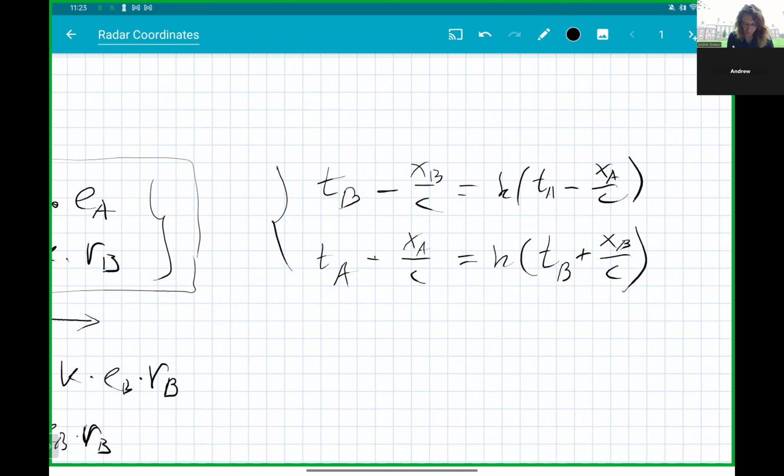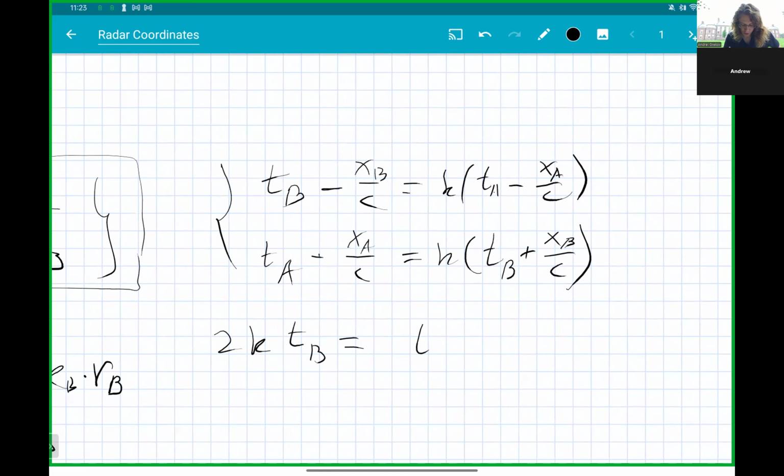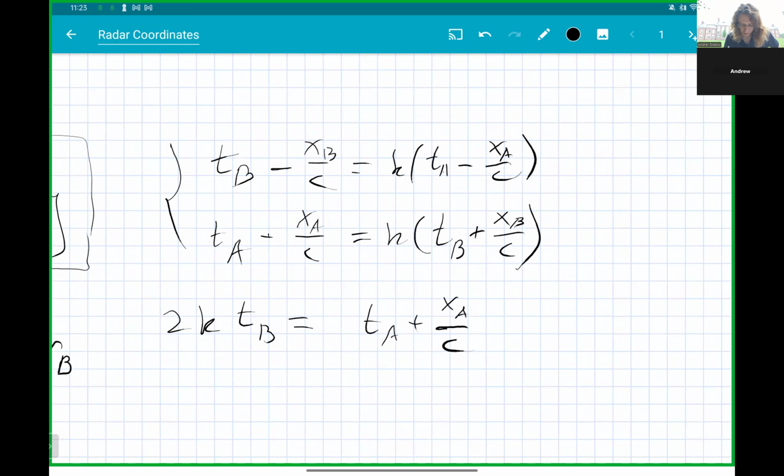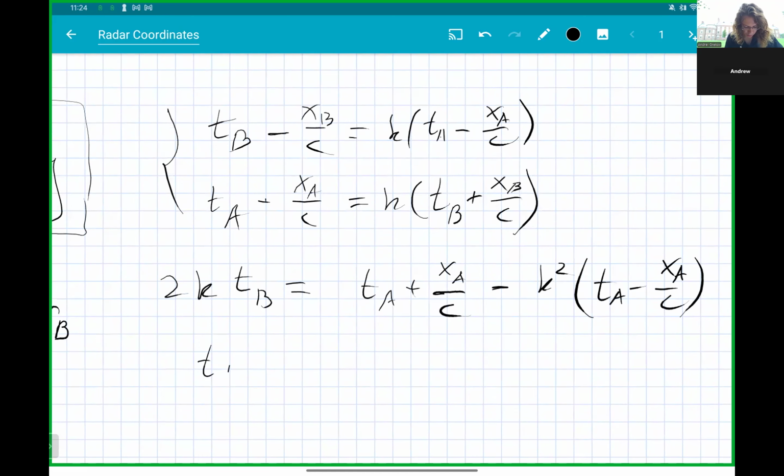So if we add them up, multiply by K and add them together, we get 2K TB equals TA plus XA over C minus K squared TA minus XA over C. Oh, sorry, I made a mistake.